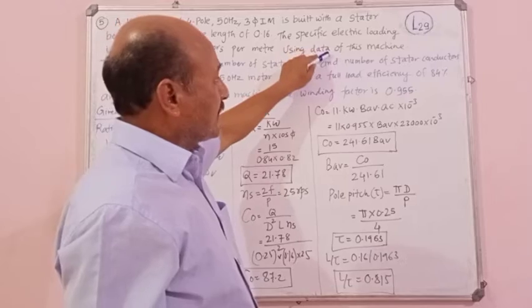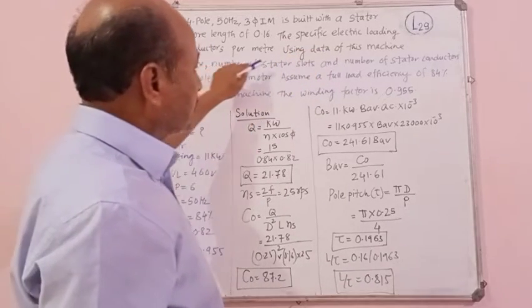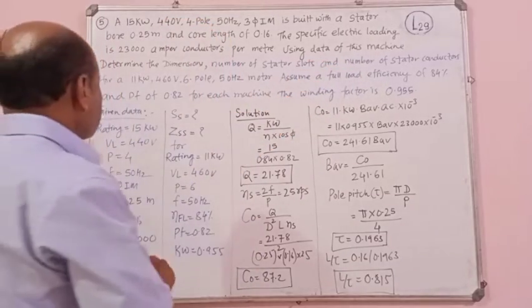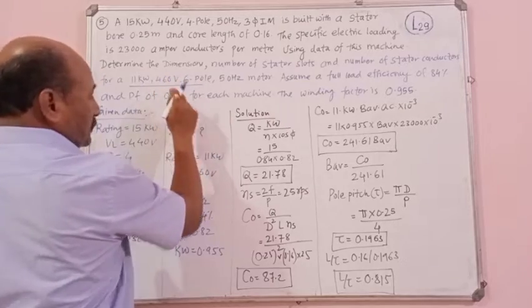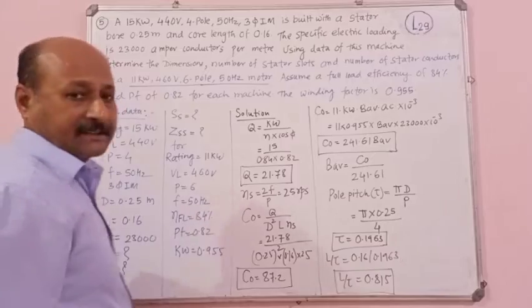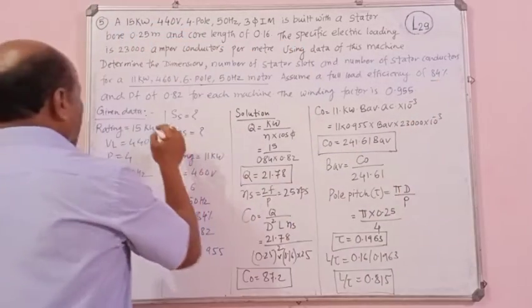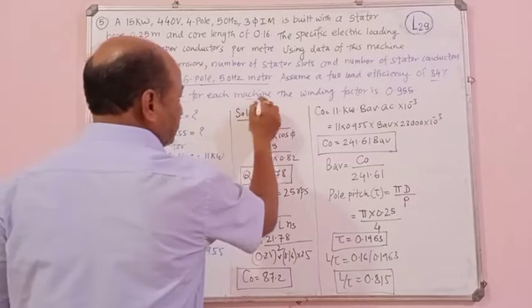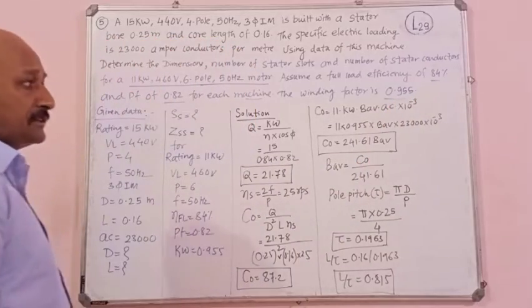Using the data of this machine, determine the dimensions and number of stator slots and number of stator conductors for an 11 kilowatt, 460 volt, 6 pole, 50 Hz motor. Assume the full load efficiency of 84% and the power factor of 0.82. For each machine, the winding factor is 0.955.